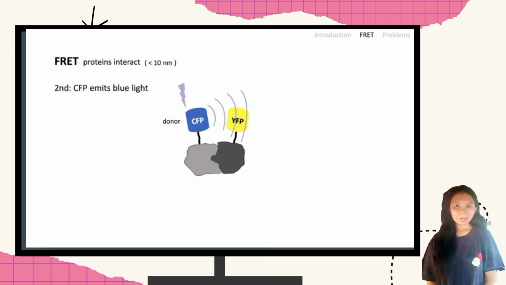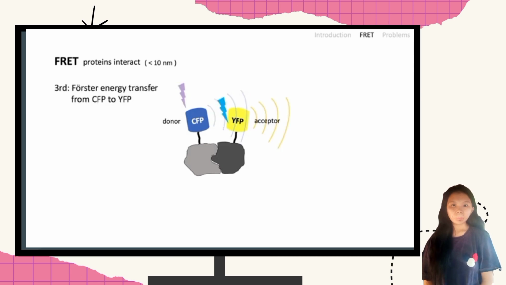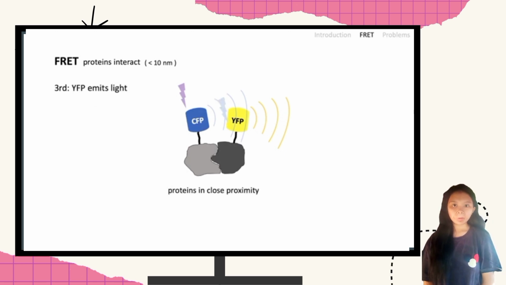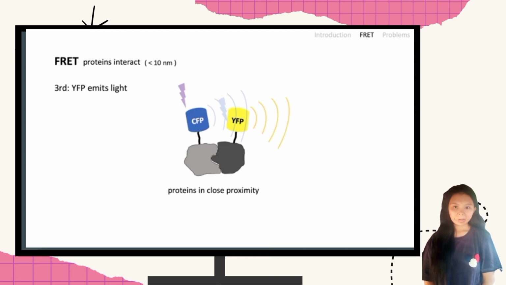Since they are directly interacting and the fluorophores are very close by, we can measure a transfer of energy from CFP to YFP. And YFP as the acceptor in this case emits light. So if we see YFP emitting light, we have basically proof that the proteins are very close and are interacting.